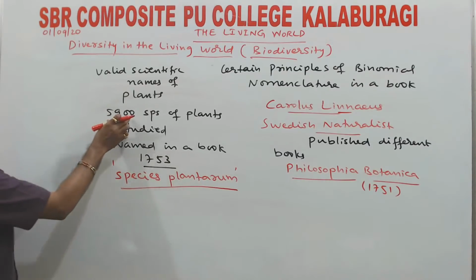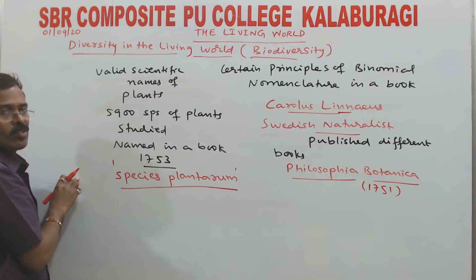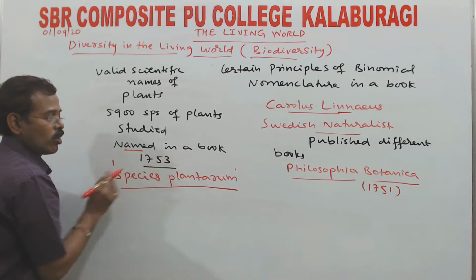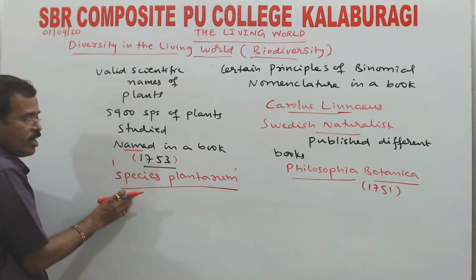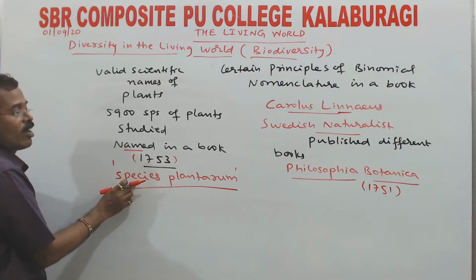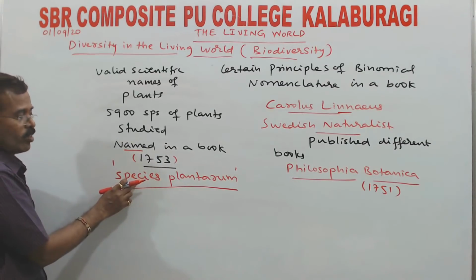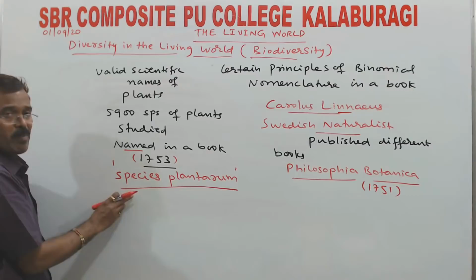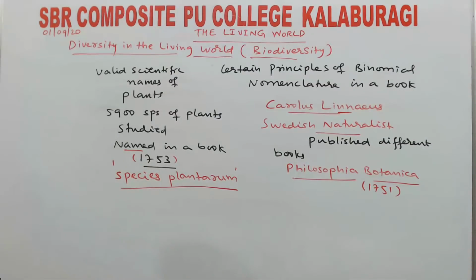He studied around 5,900 species of plants, classified and named them, and published the book in 1753 by name Species Plantarum. So valid scientific names of plants were published in 1753. The book name is Species Plantarum.